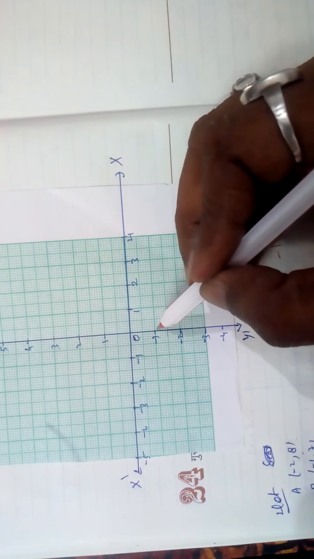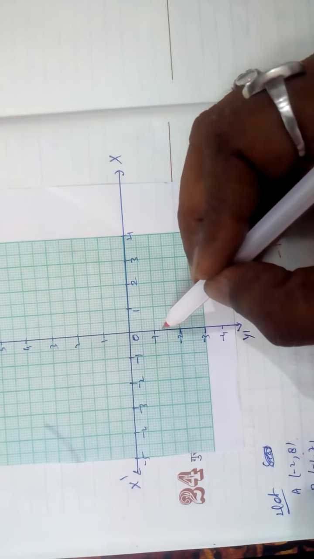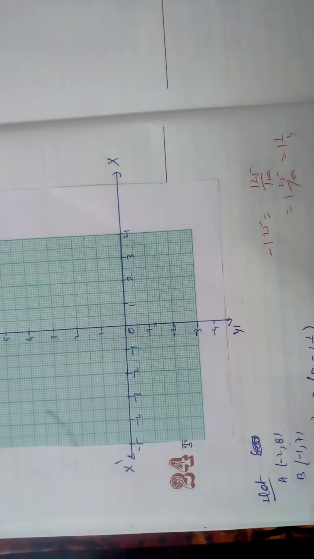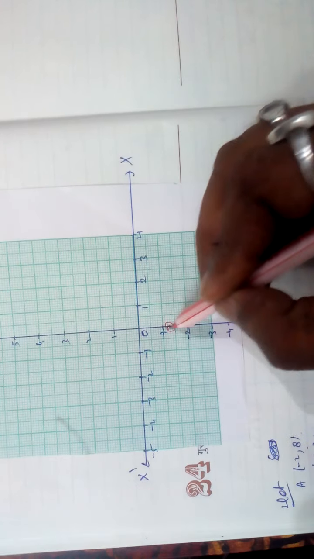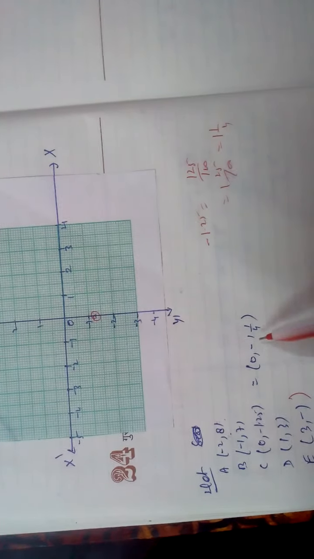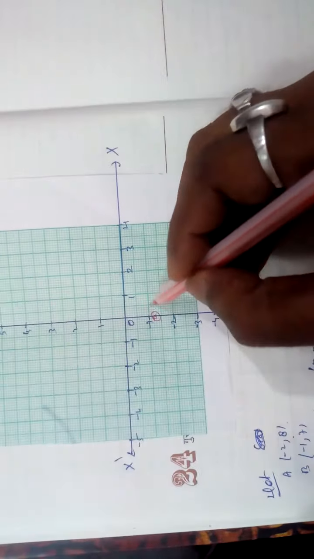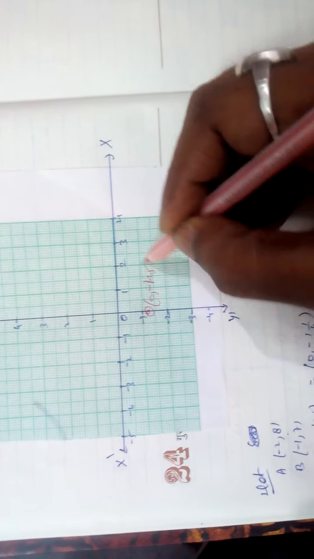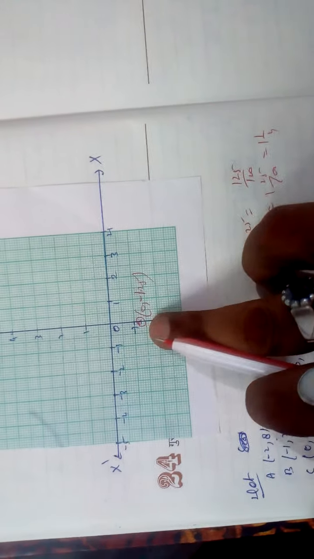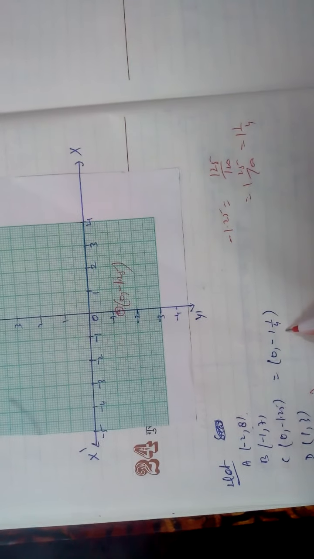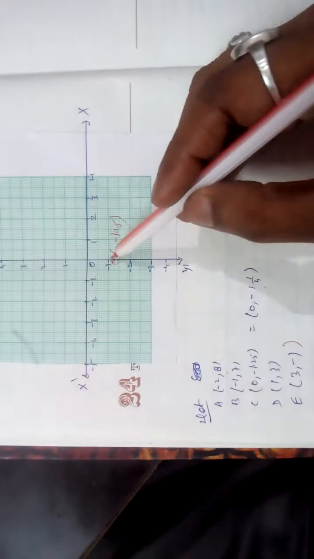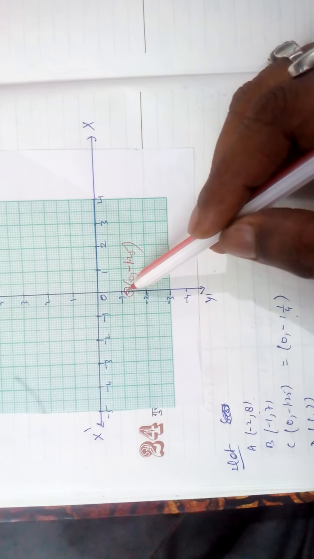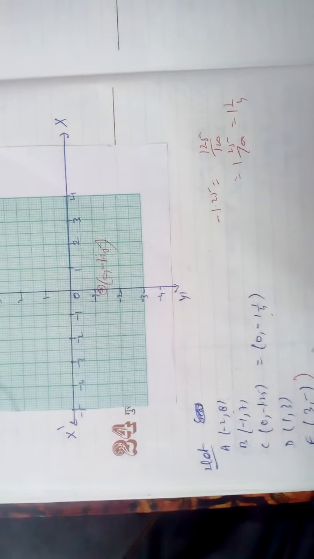And half of the half, there is a 1, 2, 3, 4, 5. So this point will be 0 and minus 1 whole 1 by 4. It is 0 comma minus 1.25, that you can say. 1.25 means 1 whole 1 by 4, I am converting 1/4 of the 1 centimeter. So half of this light line, then half of half is 1 by 4.